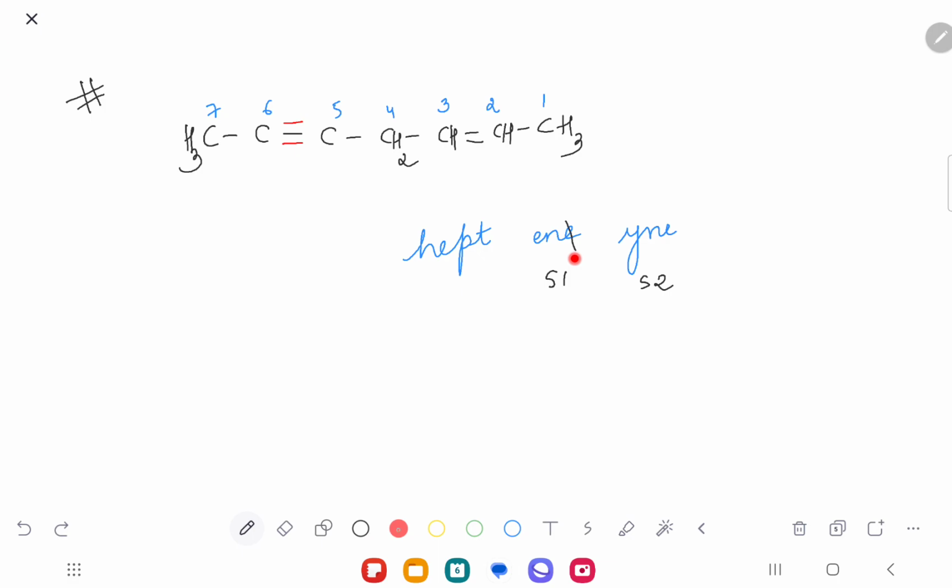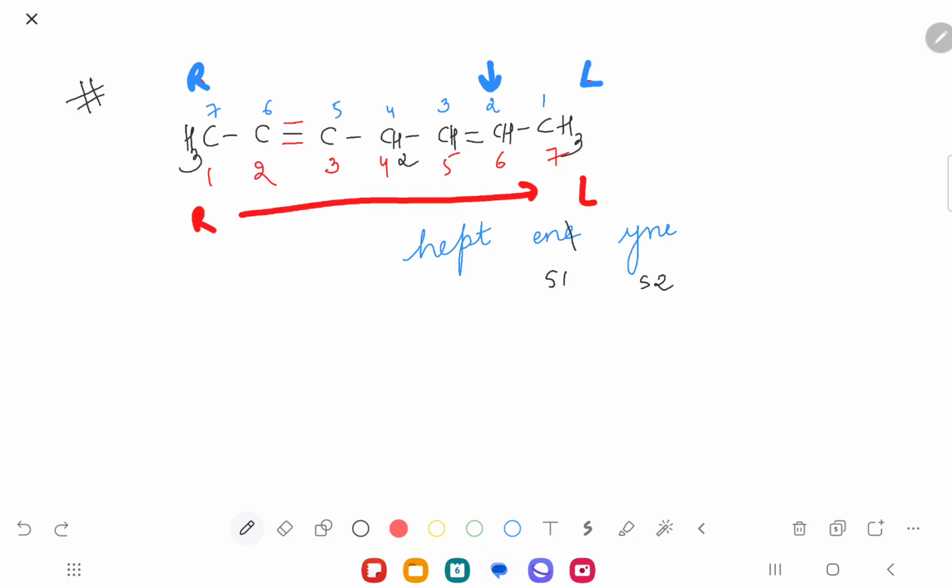But the point is, if I number the chain from both the sides, according to the blue numbering and according to the red numbering, just have a look at the blue numbering. The "ene" is coming at number 2 from left to right numbering. And from right to left, red numbering, the "yne" is also coming at number 2.